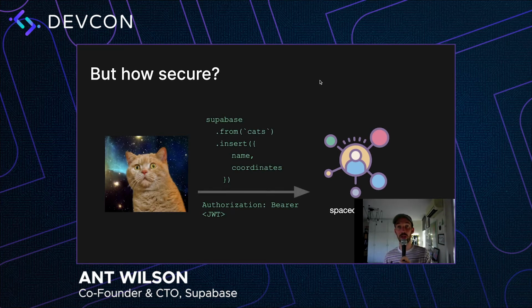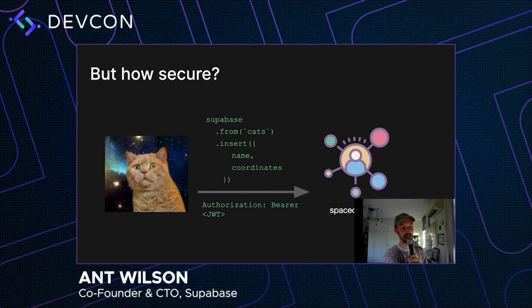Then she wants to start interacting with the social network. Maybe she edits her profile and she wants to set her name and set some coordinates of where she is in space. Now what happens within Supabase JS is we take that JWT token and we now start attaching it to every request that comes from the client in the authorization header.